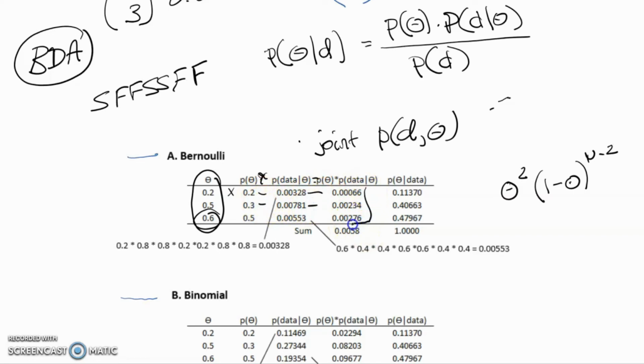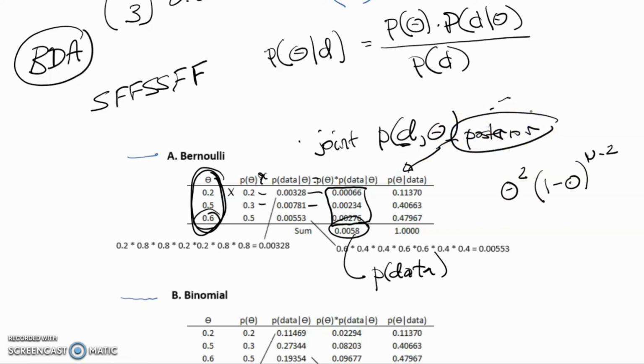And so each one of these is a joint probability with a constant value of data, but different values of theta as shown in this column. And you sum those all up, what do you get? You get the marginal probability of the data, P of data.